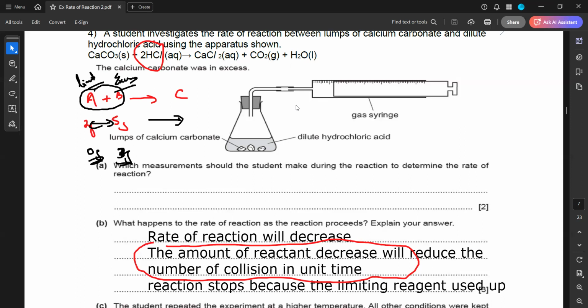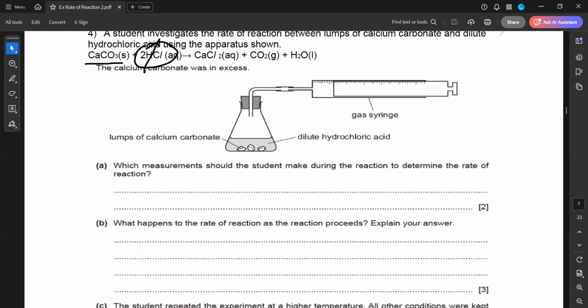So a limiting factor or limiting reagent is a reactant which, once it is used up or no more there, the reaction will stop. In this question, as I mentioned, calcium carbonate is in excess. So once hydrochloric acid is used up, the reaction will stop.